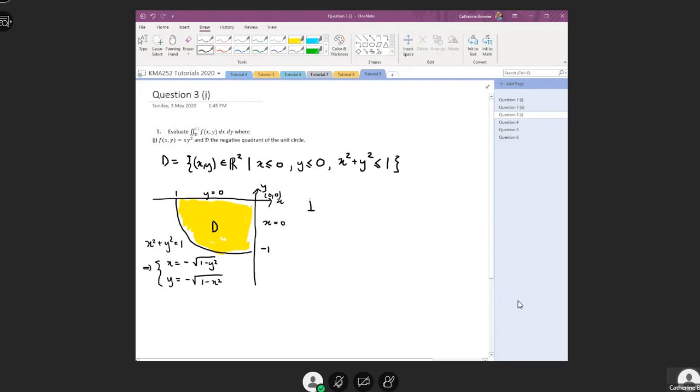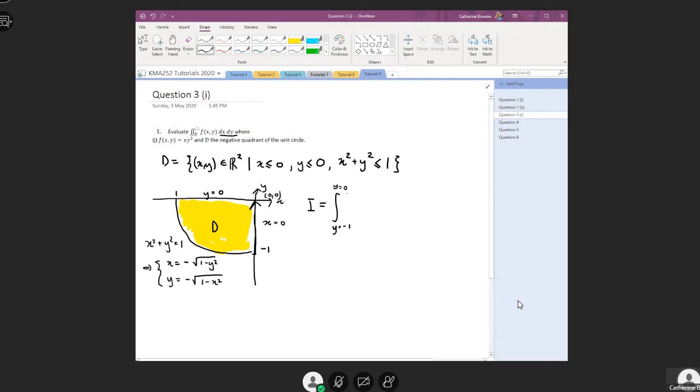And so now, it wants you to do dx dy, so y is on the outside. So we're going to integrate from y equal to minus 1 to y equal to 0. So that's from down here to up.